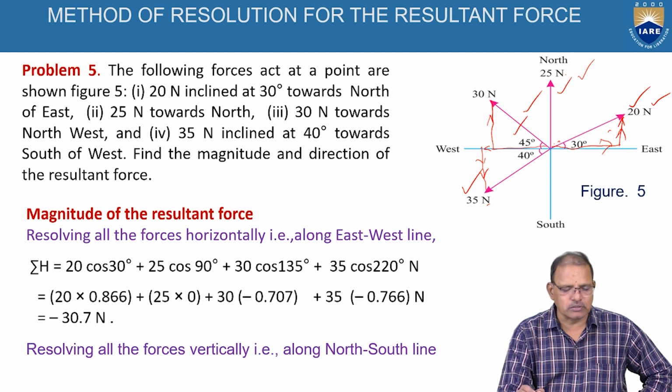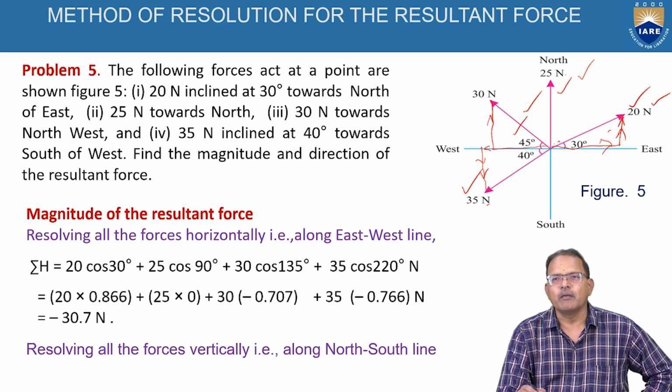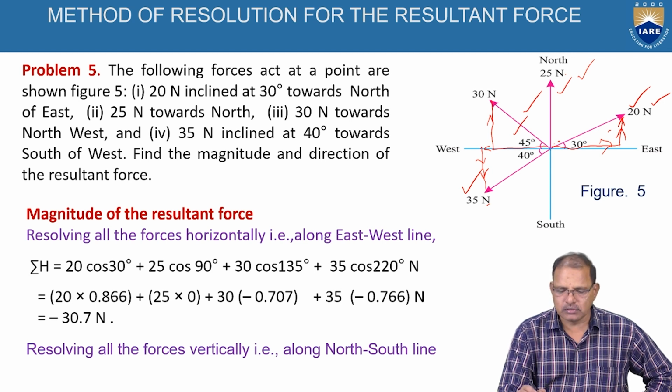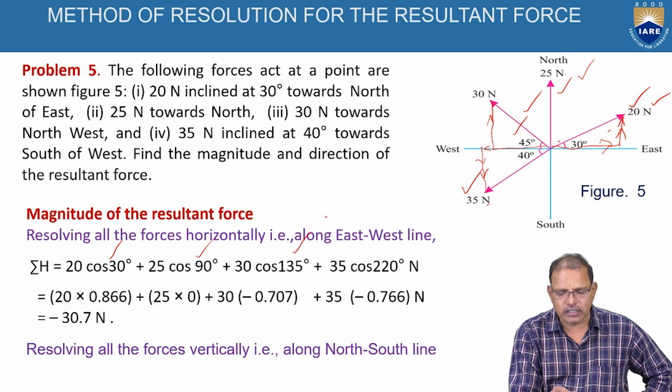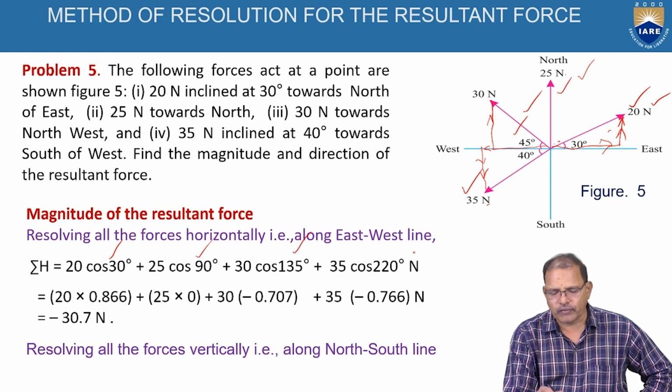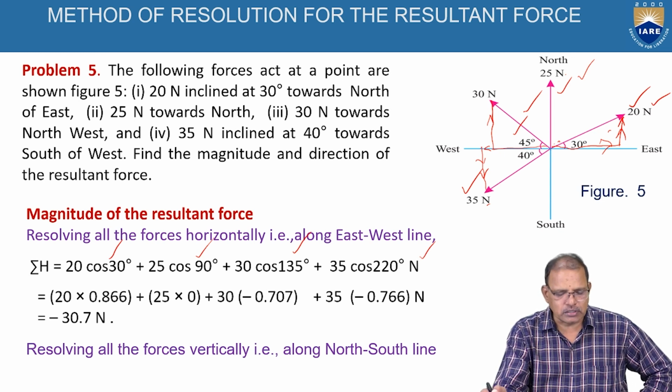Sigma H, that is the sum of the horizontal components of the system of forces, is equal to 20 cos 30 positive, plus 25 cos 90, plus 30 cos 135 degrees, plus 35 cos 220 degrees. We are taking all the angles measured from east in the counterclockwise direction.